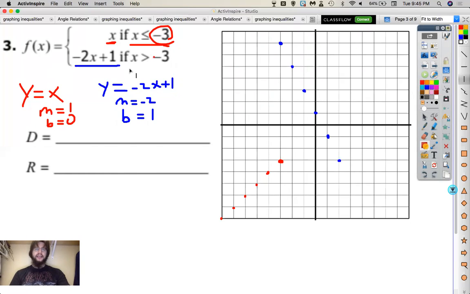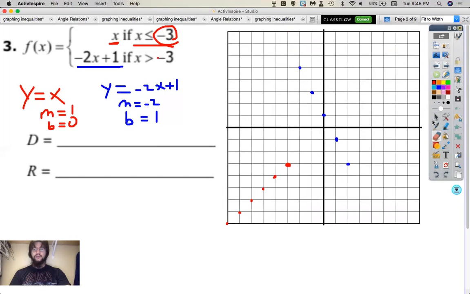Notice it doesn't say x is greater than or equal to -3. It's greater than -3, so that means we can't include -3. You remember how we don't include stuff whenever we're graphing, like on the inequality? That's right, open circle. Parentheses, you would use the parentheses whenever you had an open circle.